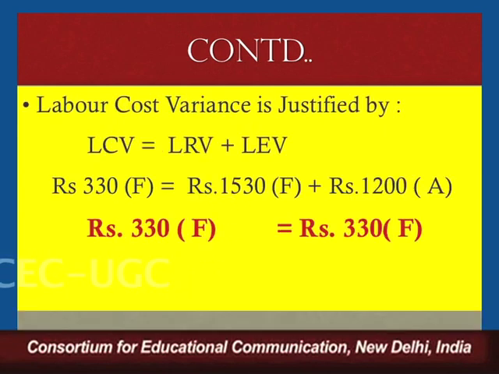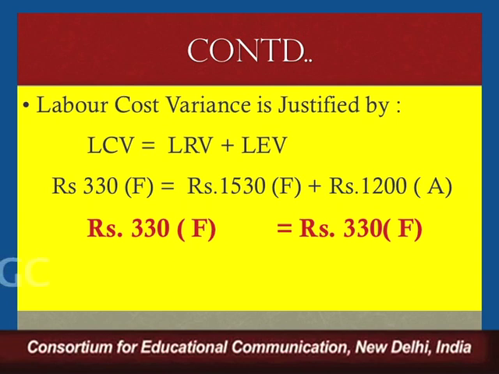Now we have to justify that labor cost variance is equal to labor rate variance plus efficiency variance. Labor cost variance, my dear students, was 330 rupees favorable, whereas the rate variance is 1530 favorable and efficiency variance is 1200 adverse. Once we aggregate these two, what do we get? 330 favorable, and that is exactly equal to the labor cost variance.